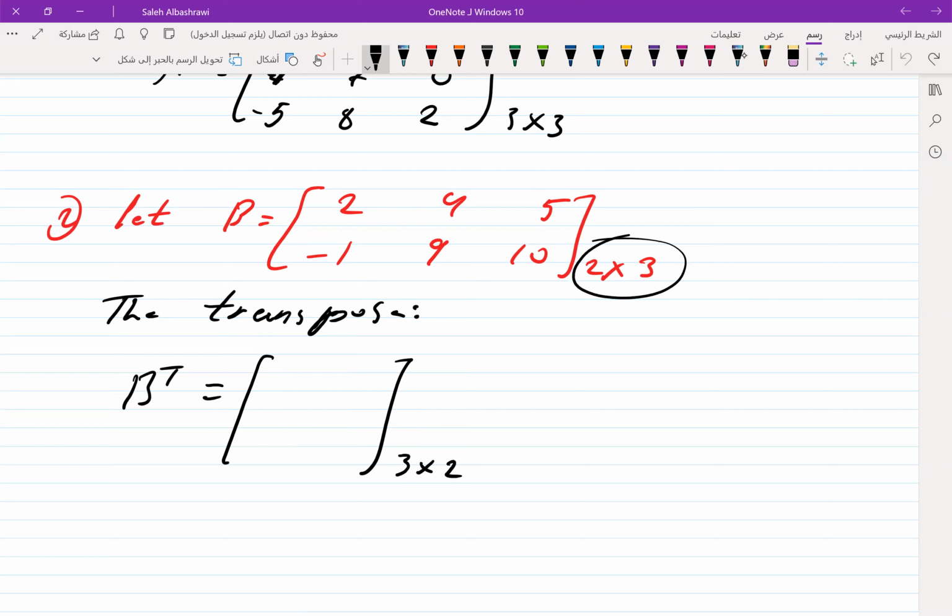This is 2 by 3. The transpose will be 3 by 2. Now the row 2, 4, 5 will be written as a column. So it is 2, 4, 5. Minus 1, 9, and 10. So this is the transpose of the matrix B. Changing the rows into columns or columns into rows.